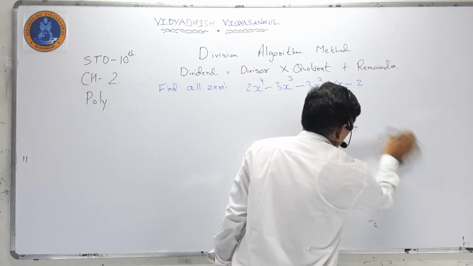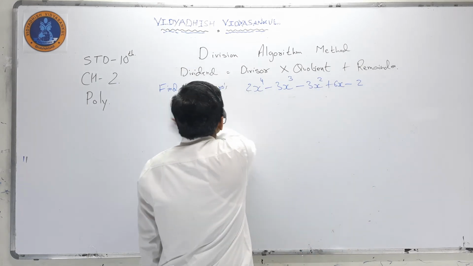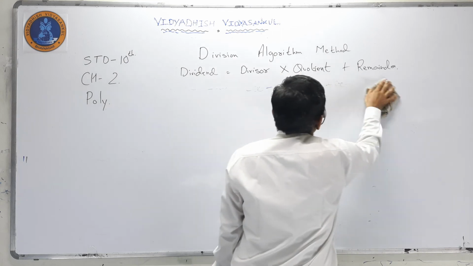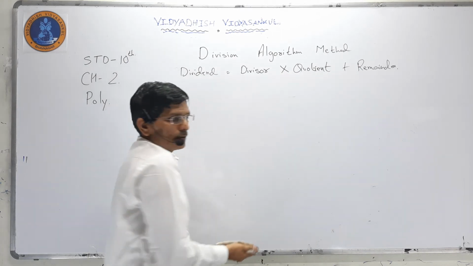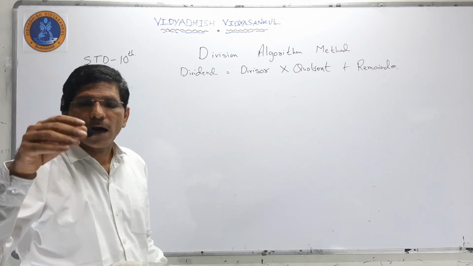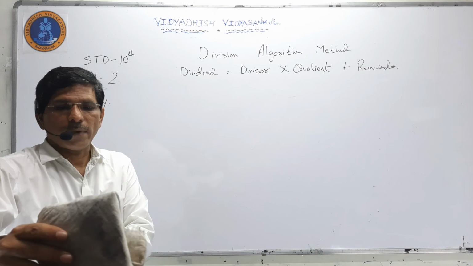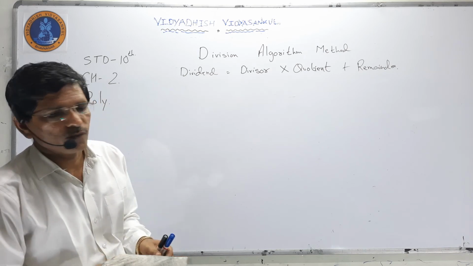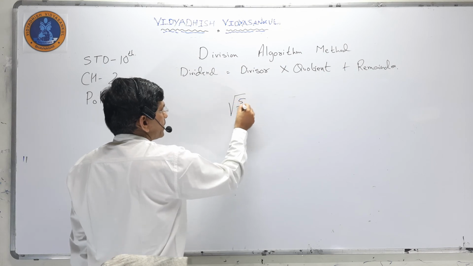When two zeros are in the form of under root 3 by 2, under root 5 by 3. The question is under root 5 by 3.